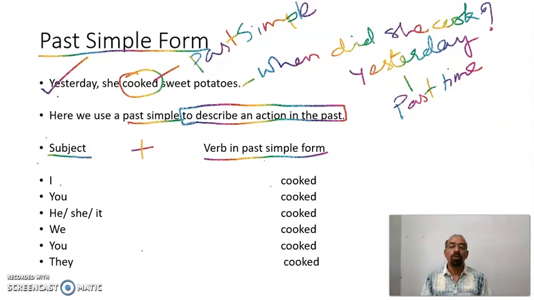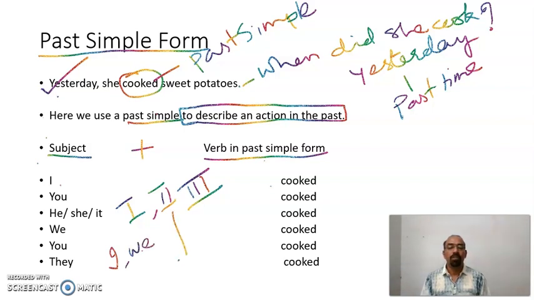So with all these subjects, all the three persons are here. First person, I and we. Second person, you. And here third person, he, she, it, or its plural, they.